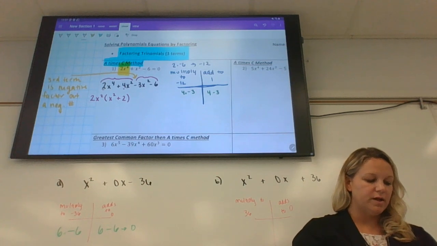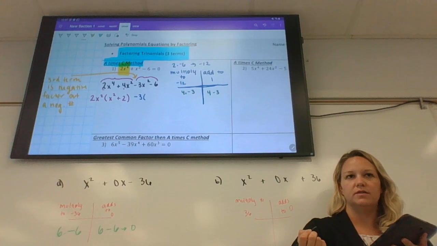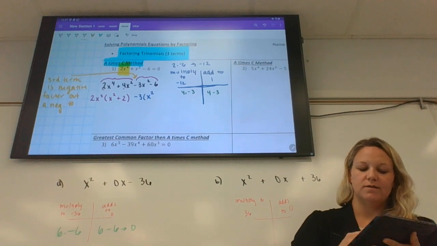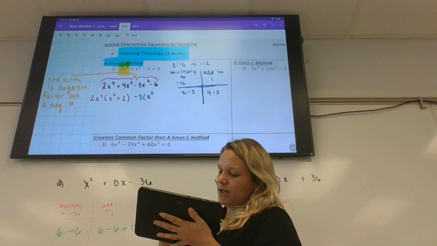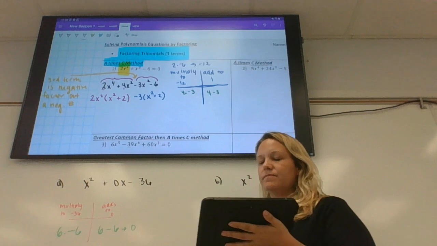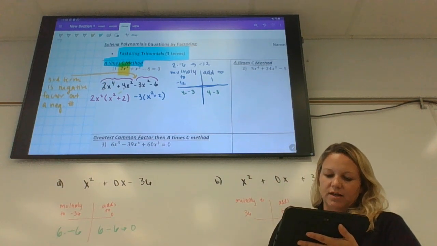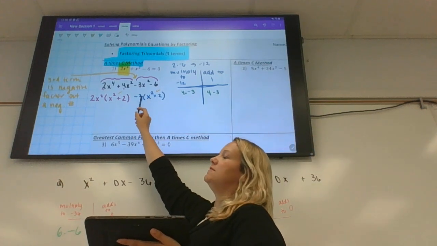They're both divisible by 3. They're both negative. I'm going to put a negative 3 outside of the parentheses. And that's going to leave me with x squared. And negative 6 divided by negative 3 is a positive 2. So A times C method. I should have the same parentheses here, and that's how I know I've done it right.